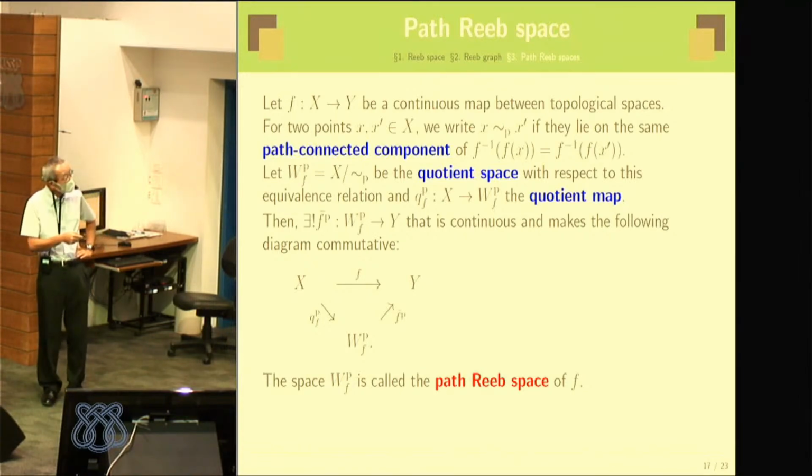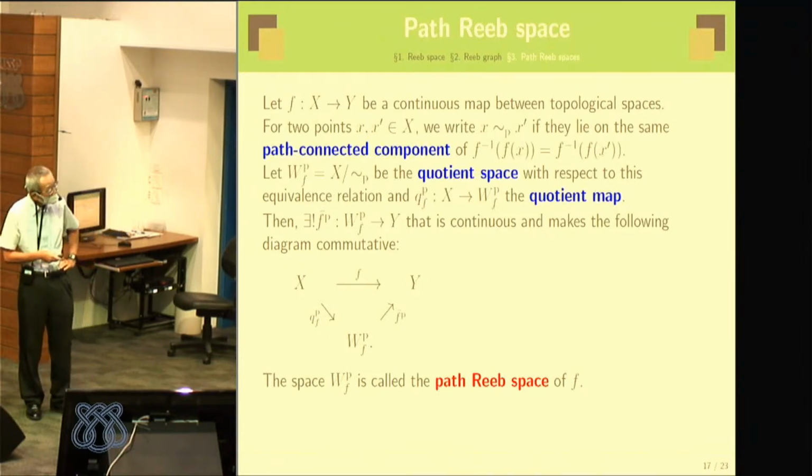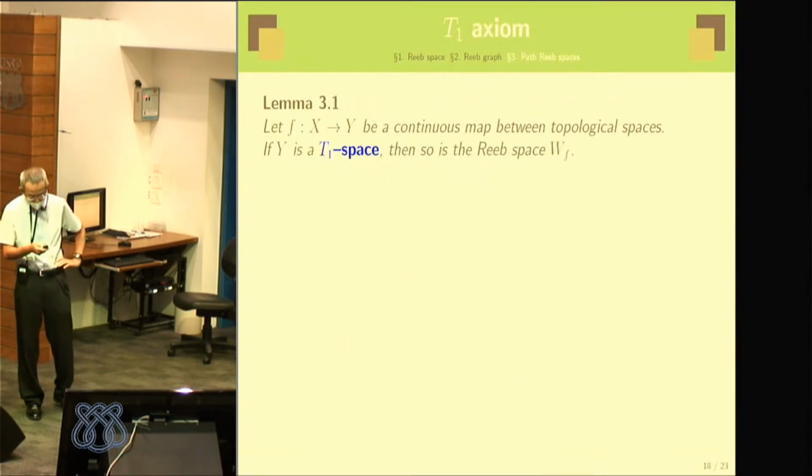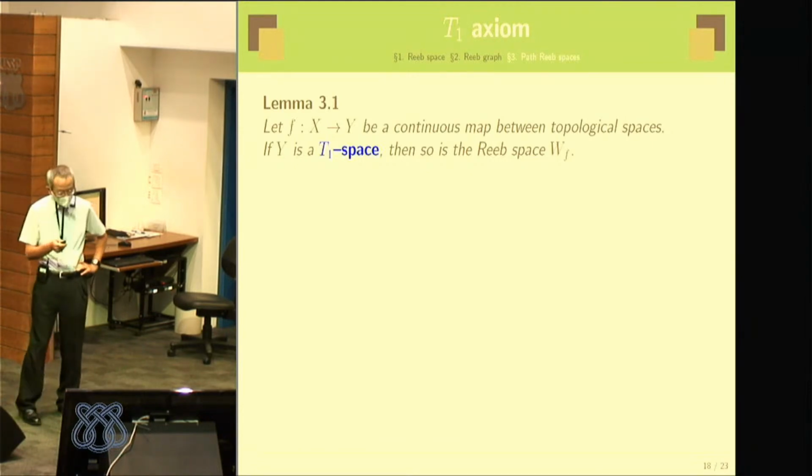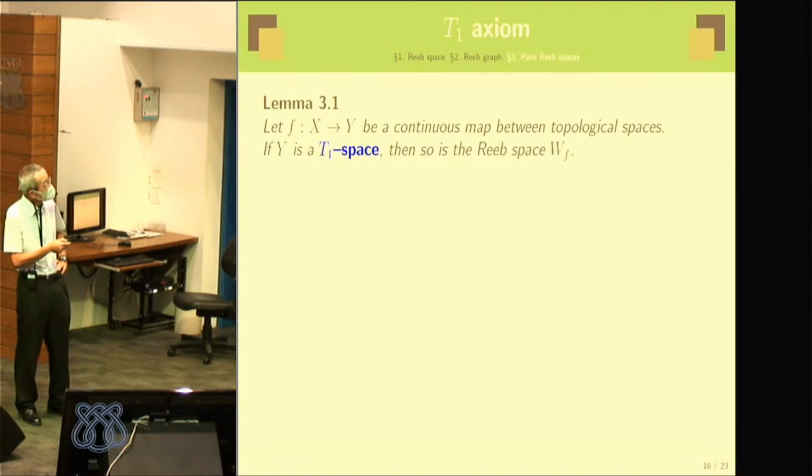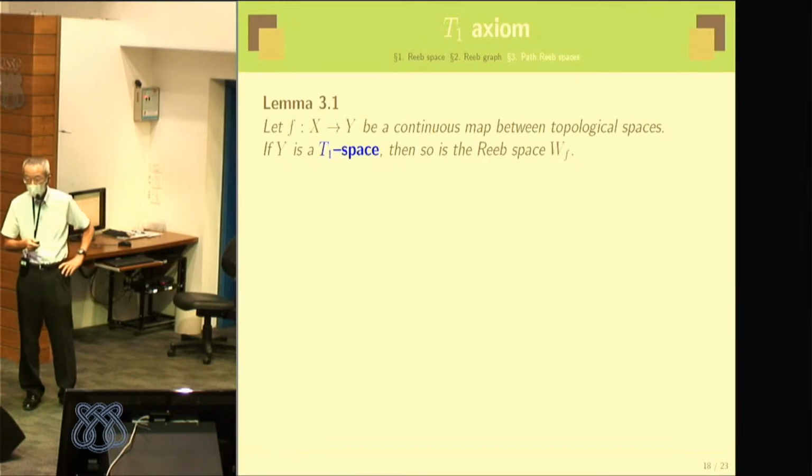Okay. So as this is an equivalence relation, you have the quotient map, and here you have the quotient topological space. And in fact, this is a very pathological space, we will see. So for that, let me give you a very simple lemma. Suppose you have a continuous map, and you assume that the target space Y is a T1 space as a topological space, so that a one point set is a closed set.